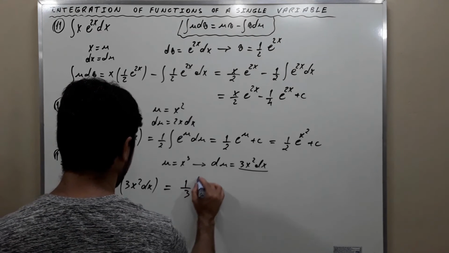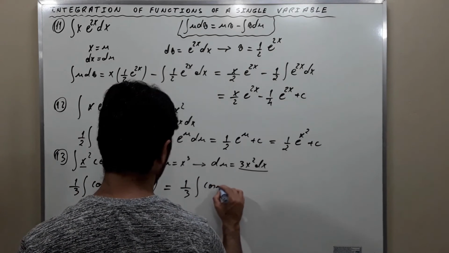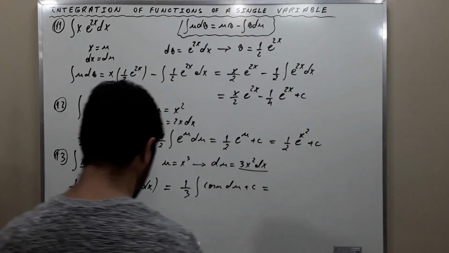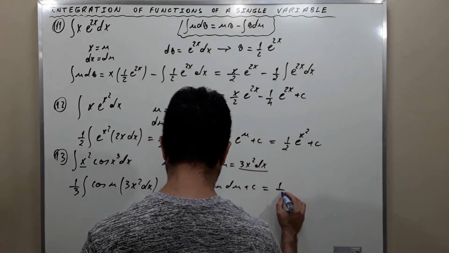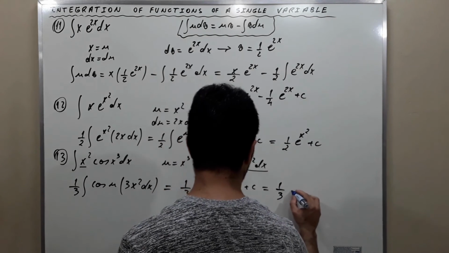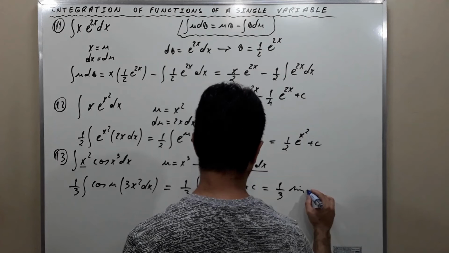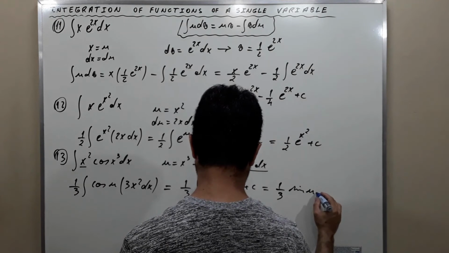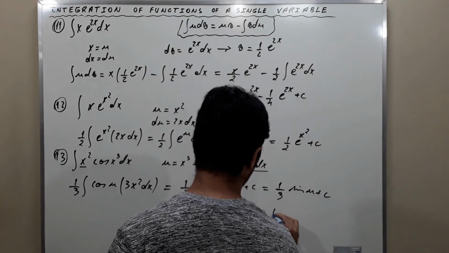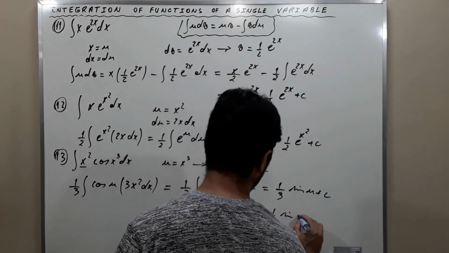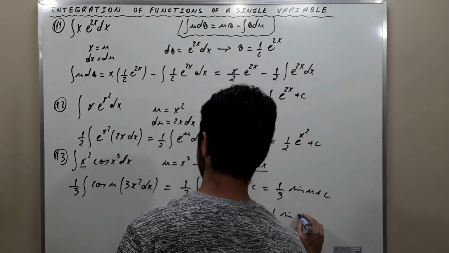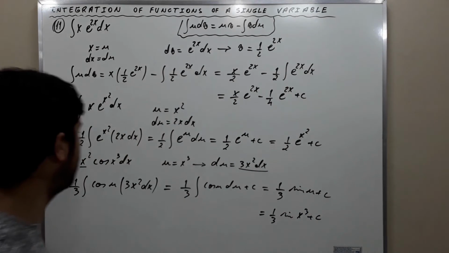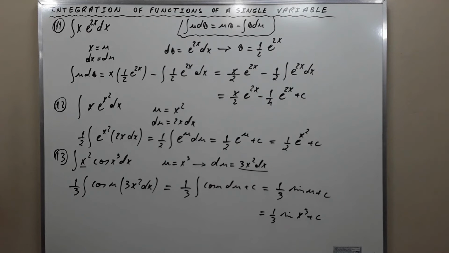It's a third of the integral of cosine u du plus c, and then it comes to a third of the sine of u plus c, or a third of the sine of x cubed plus c. And this is the result of exercise 13.